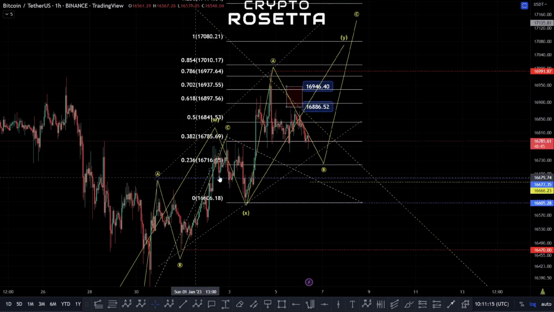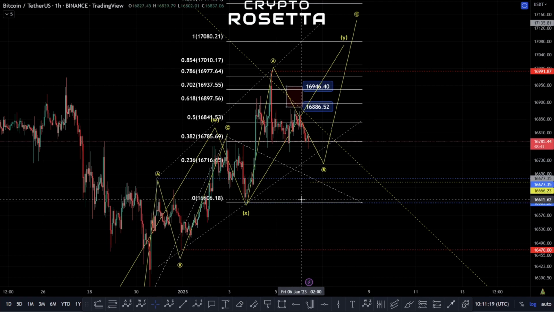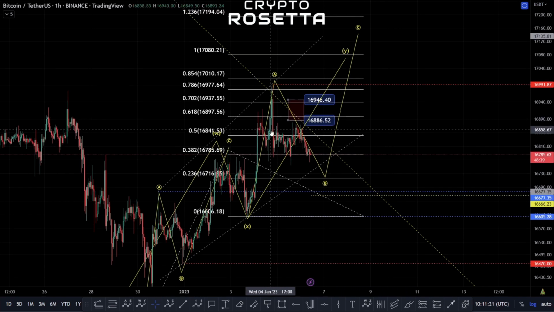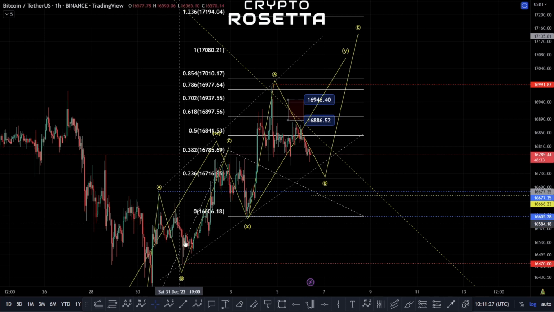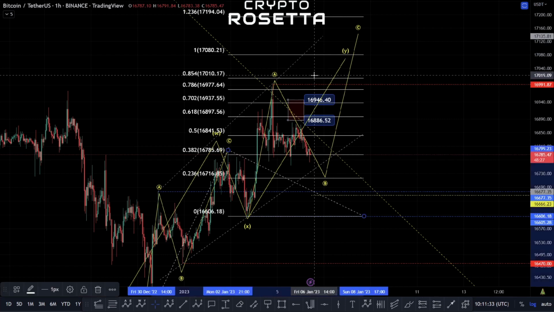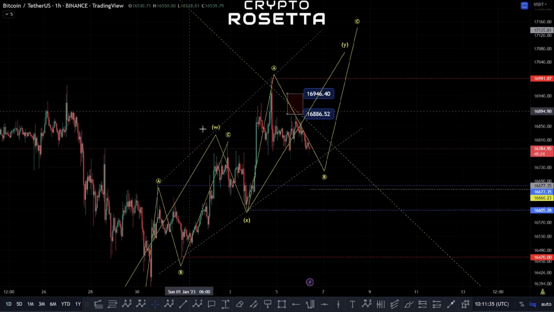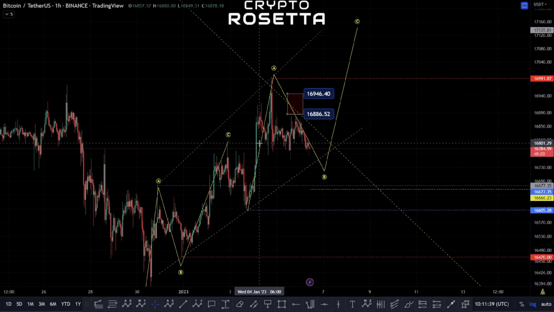It's very overlapping, so it's either corrective or it's a diagonal, because there's too much overlap within these moves. It's possible, like I said, that we could have that. It's a little bit skewed though, that 5-wave move, and then we look to push up again, but we just need to give it a bit more time. We'll see what happens, and as we get more information on it and it becomes clearer, we'll do an update video.